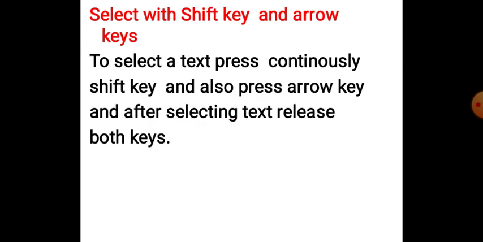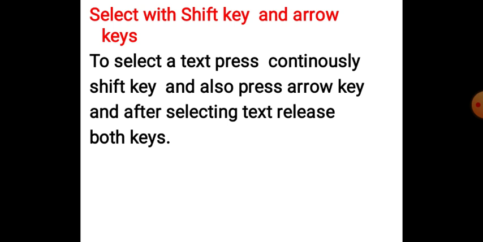We can also select with the help of keyboard keys. Suppose we cannot select properly with the mouse, then we can use shift and arrow keys. As you know, there are 4 arrow keys on a keyboard: left arrow key, right arrow key, top arrow key and down arrow key. With the help of these arrow keys and the shift key, it is easy for us to select a text. How can we do this?